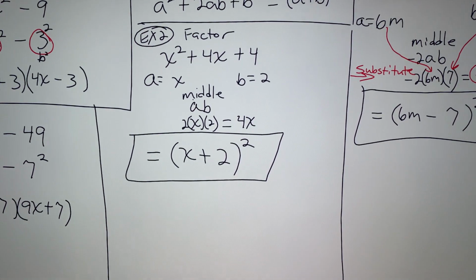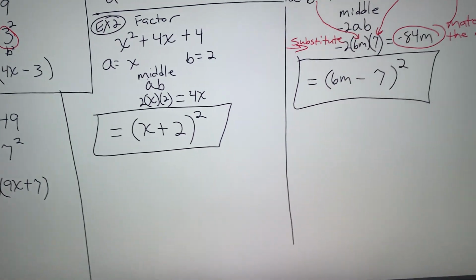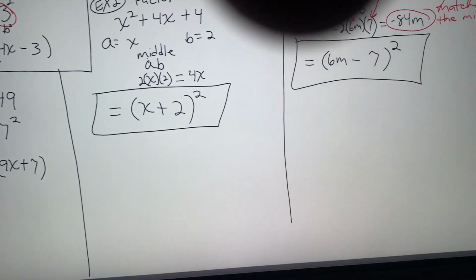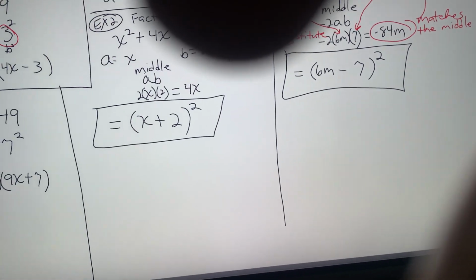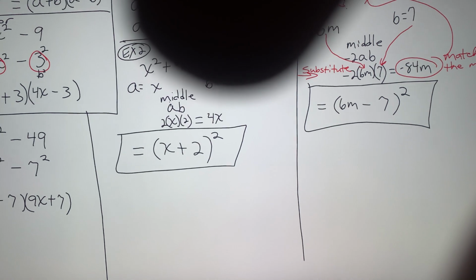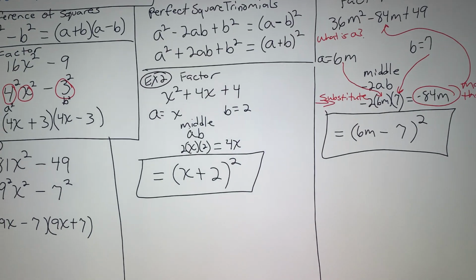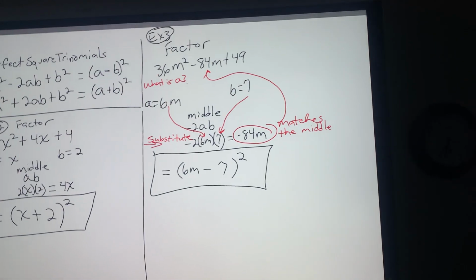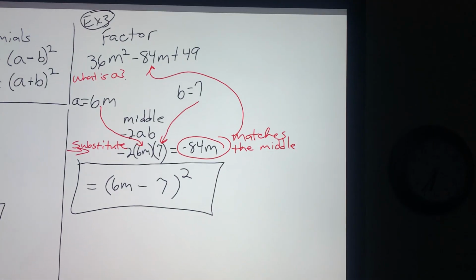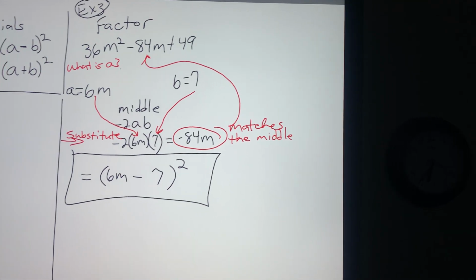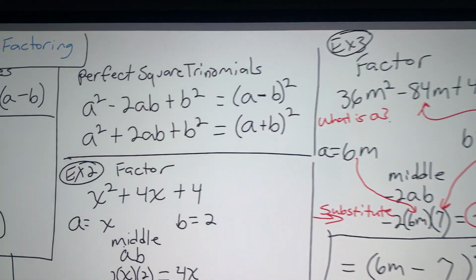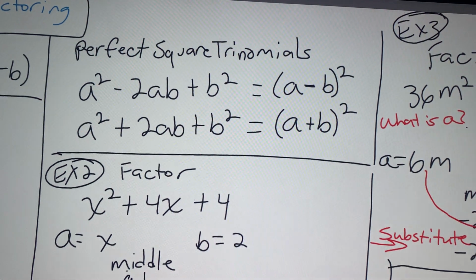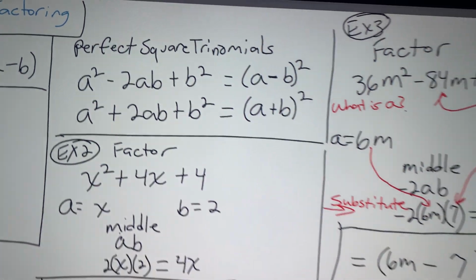So now that we know that everything works out, we can use that formula to write it as x plus 2 squared. And this problem follows the same methods here, but we're using the first formula for perfect square trinomials in that case.